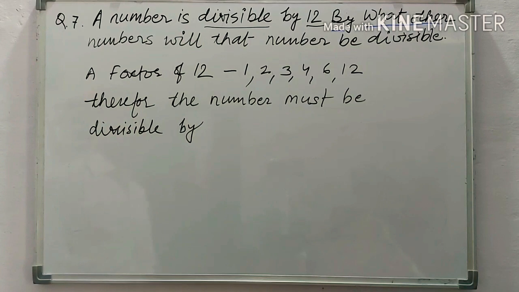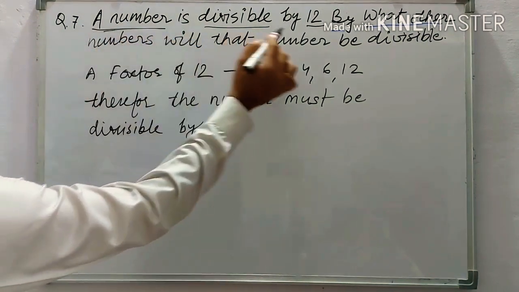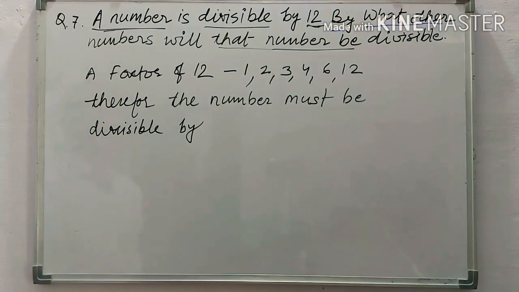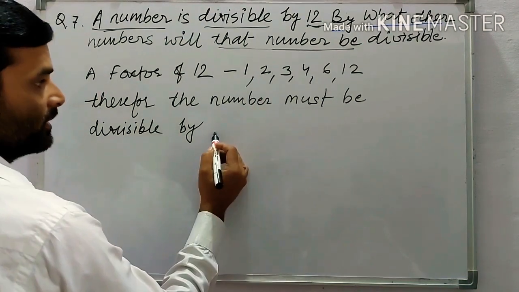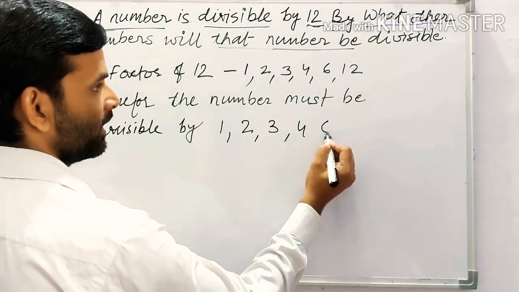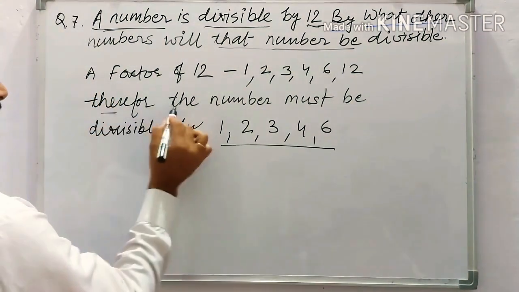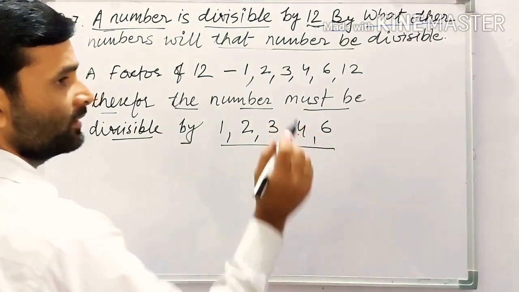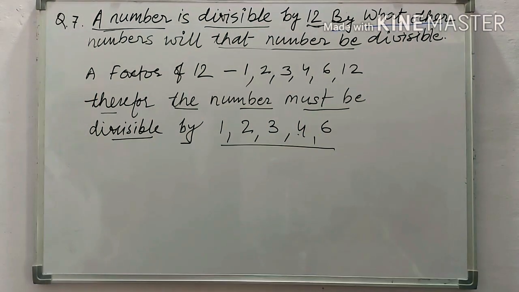Now a number will be divisible by 12, and to find the other numbers, you find which types of numbers will divide 12. So the factors of 12 mean 1, 2, 3, 4 and 6. Therefore the number must be divisible by 1, 2, 3, 4 and 6. Okay, here the exercise is finished. The next exercise will start.